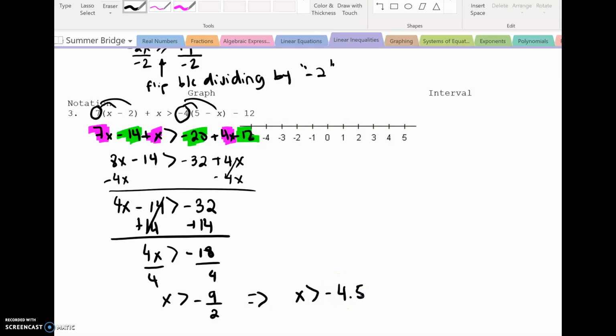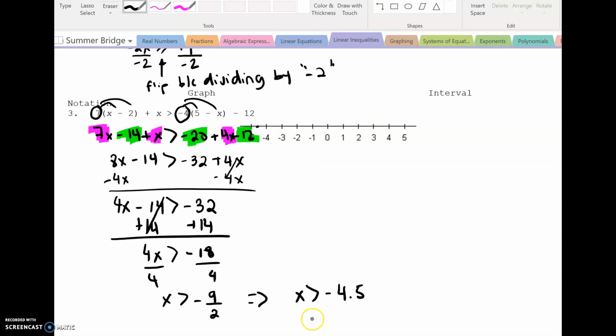So now this is the first decimal we've had, which is fine. We can have decimals. So we are going to go ahead and, in between the -4 and the -5, place -4.5, which is right there, about there.